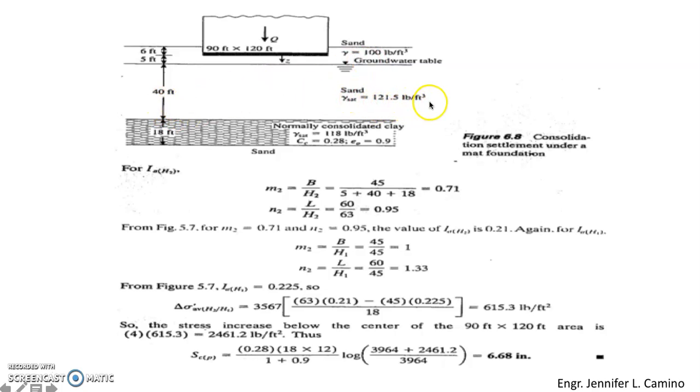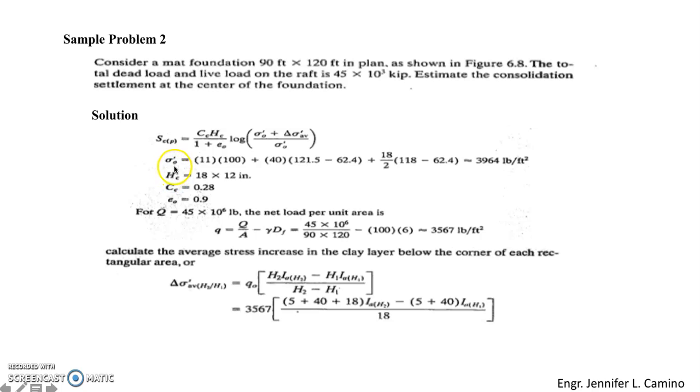Since this is saturated, you have to subtract the unit weight of the water in pounds per cubic feet, and then plus half of this, 18 all over 2 times 118, which is the saturated unit weight subtracted by the unit weight of the water. You get your value for the effective stress. And of course, you have your Hc, and you have your Cc and e0. You simply have to get now our q, the effective surcharge for this problem, and you get the value of 3,567 pounds per square feet.